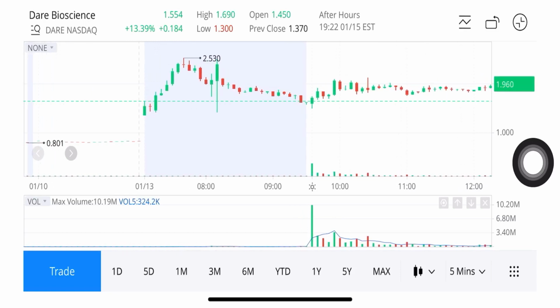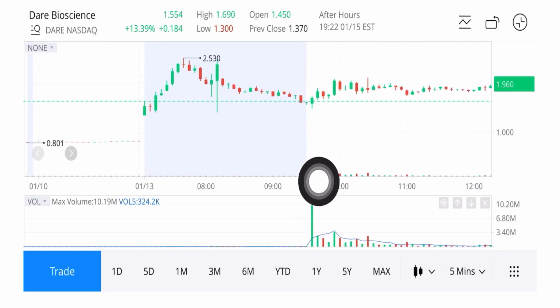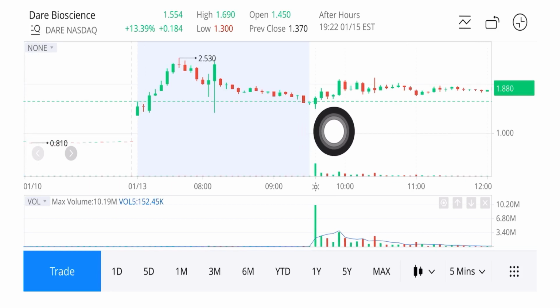So it's a certainty at this point when you see the volume backing a bullish hammer candle at the bottom of a downtrend, that's a certainty that the price is going to rise. A reversal is going to take place, and the downtrend is going to come to an end.